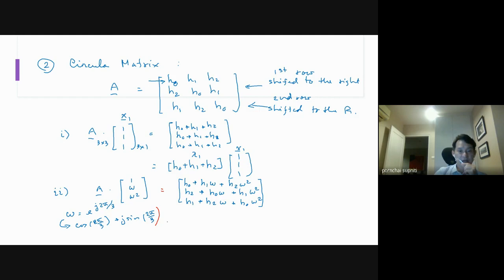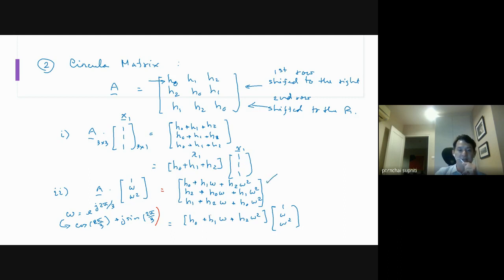So here what I can do is write the first row as H0 plus H1 omega plus H2 omega squared, and multiply this with 1, omega, omega squared as well. The reason I write it like this is that if I multiply this by the first row, I get this, correct.